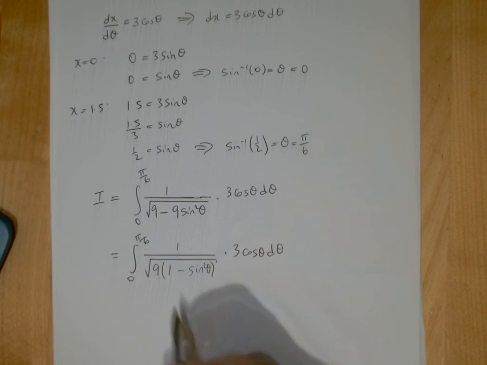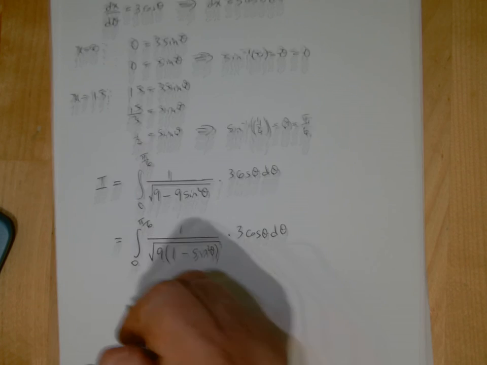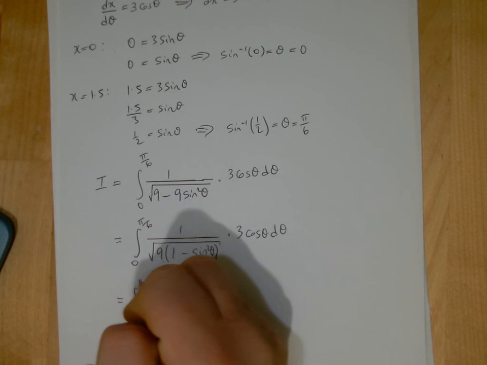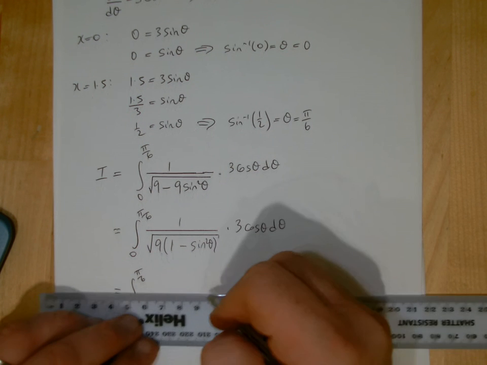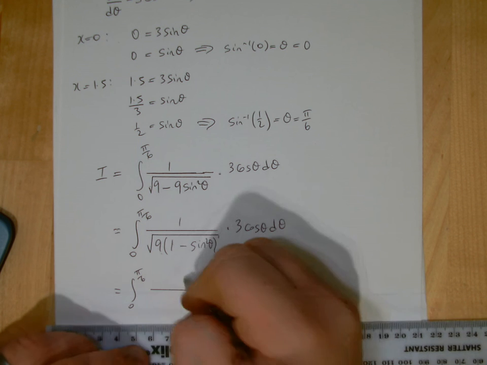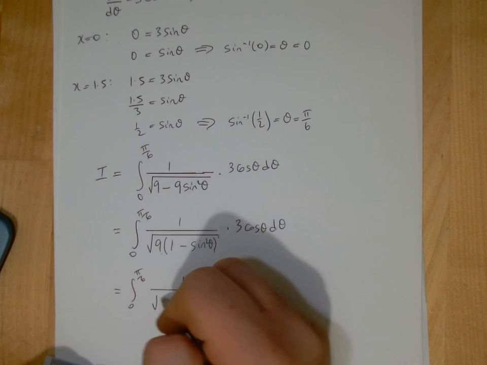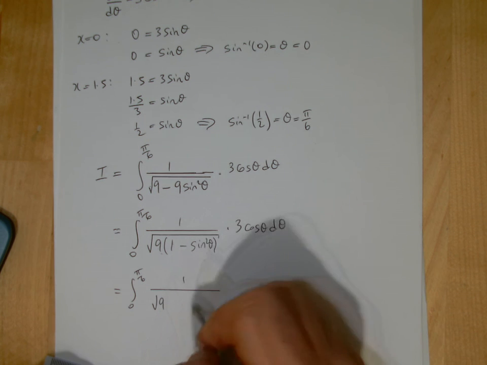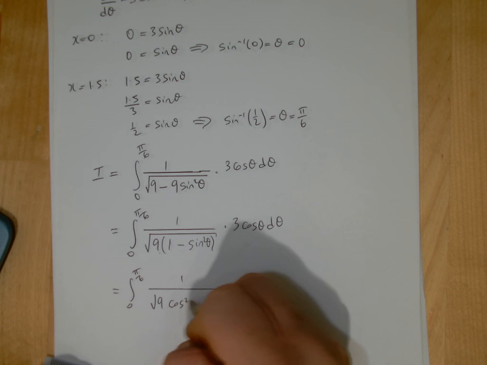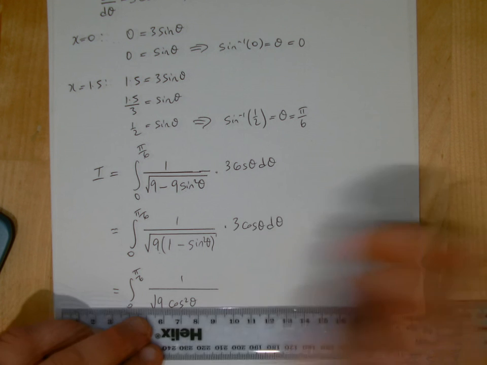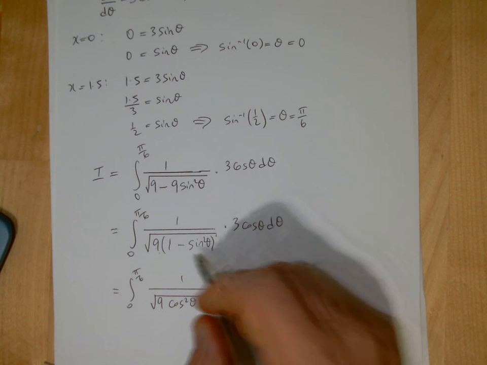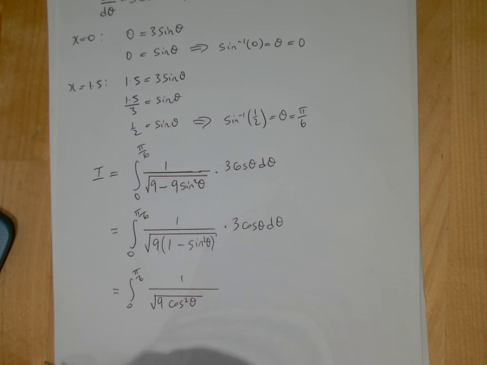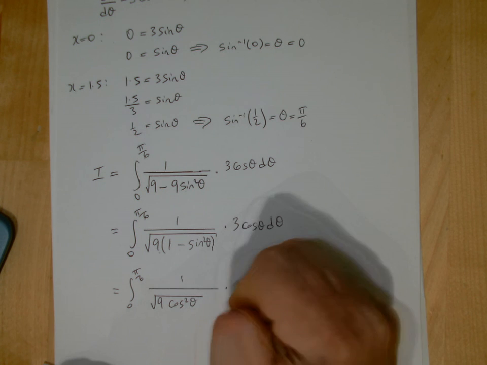And you might start to see a similar position to the one we were in last time. On the bottom, look what we've got inside that bracket. 1 minus sine squared is just cos squared, the result we've been using since last year, and we're familiar with that relationship. 1 minus sine squared is cos squared.